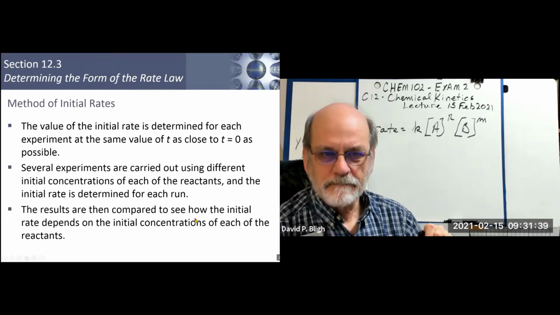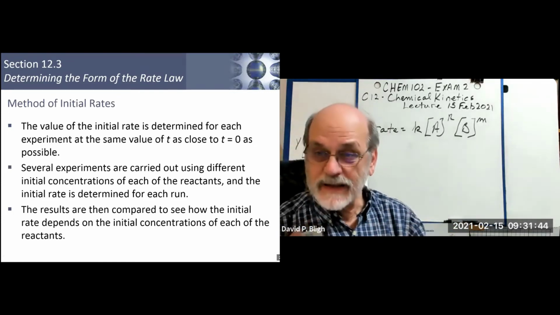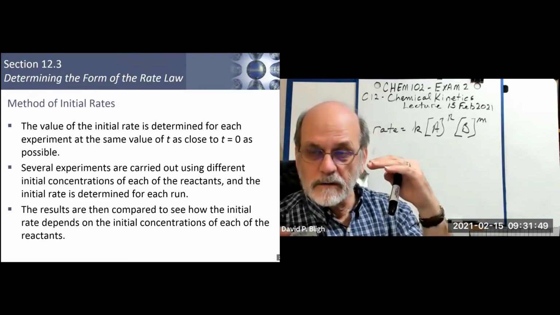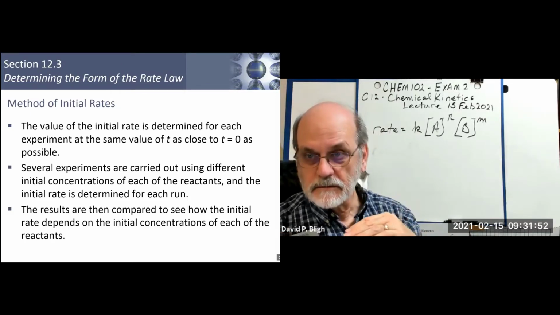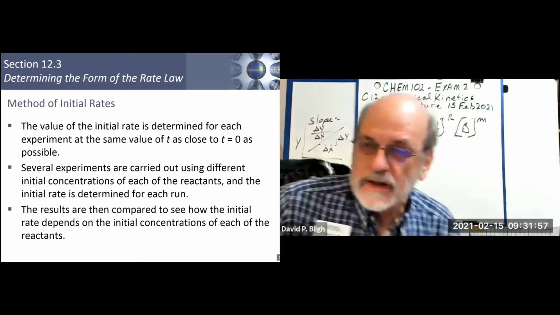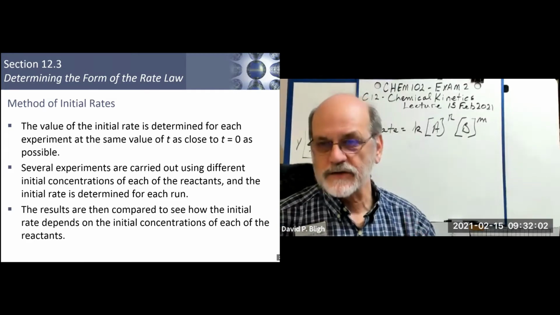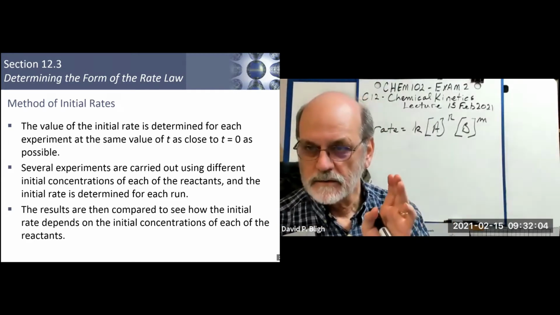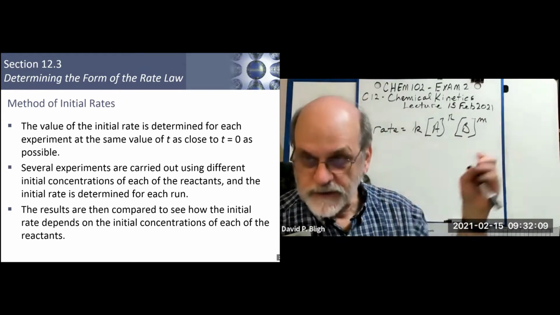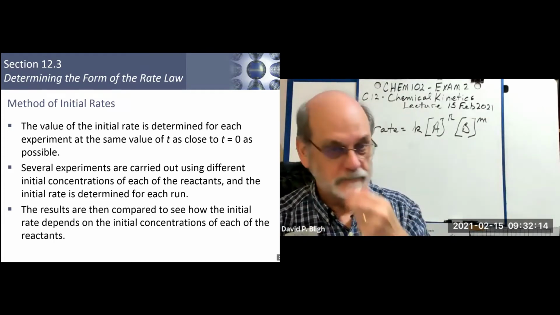Okay. This is called method of initial rates. And that just means that you determine initial rates for several different experiments. And the variable in those experiments from one to the other is concentrations. You change the concentrations of your reactant, and then you run the experiment and gather your data, concentrations and times.